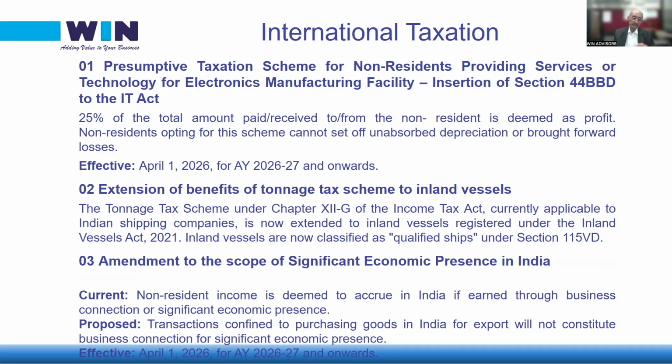So to remove the difficulty, they said this will be treated as a capital asset. So that income, which is of course a pass-through income, is passed through to the beneficiary. Now the beneficiary will be taxed as capital gain, not business income. This is also quite a welcome clarification given by the government.